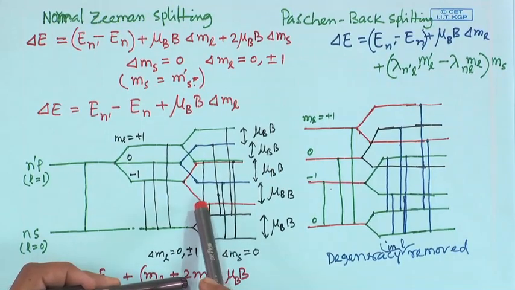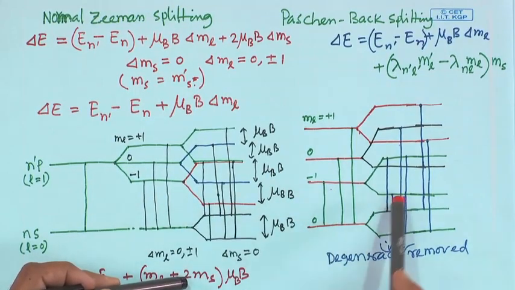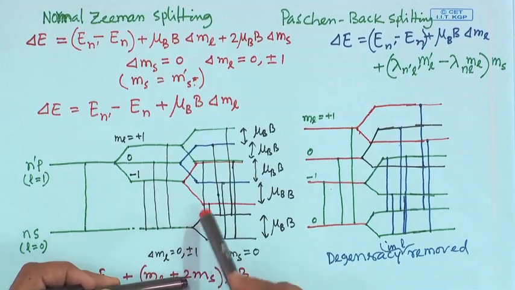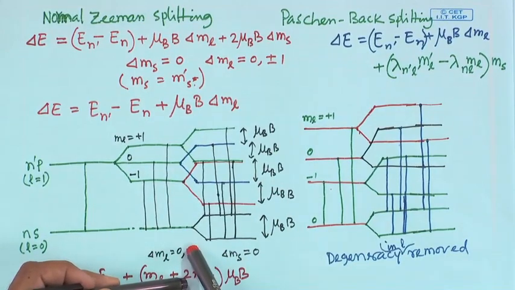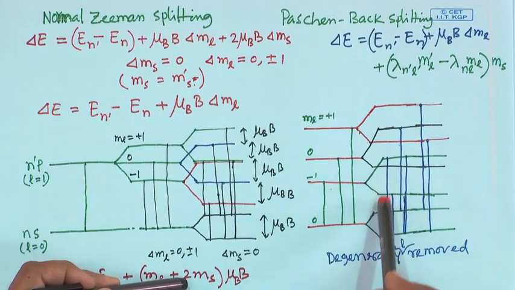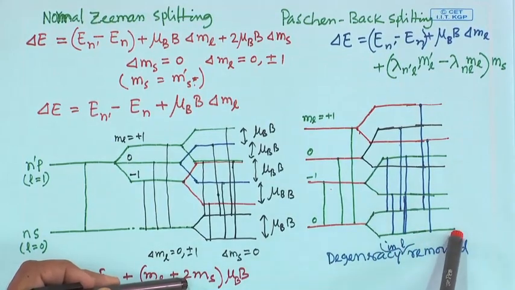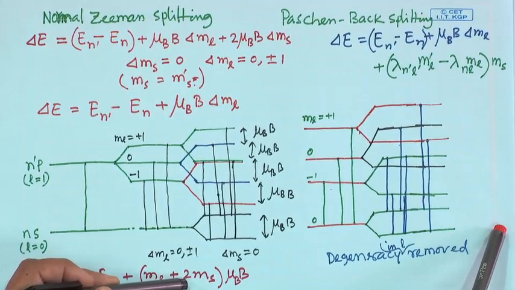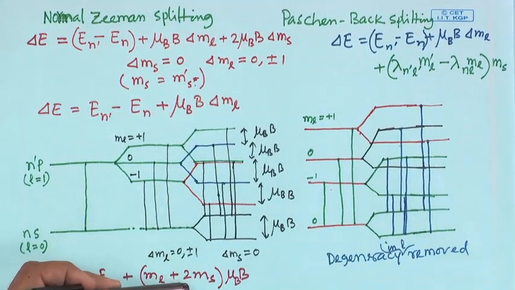That is why we will see a doublet. Each of the 3 lines observed in the normal Zeeman effect will form a doublet, two closely spaced lines. So, here we will see 3 doublets instead of 3 lines, which means 6 lines. Okay. So, this is called Paschen-Back splitting.